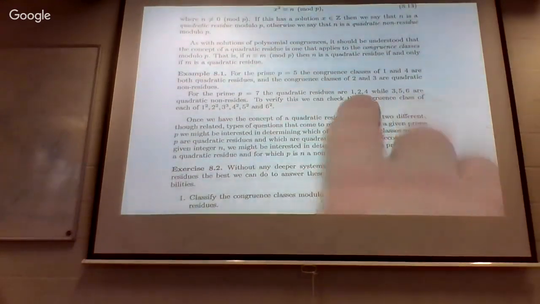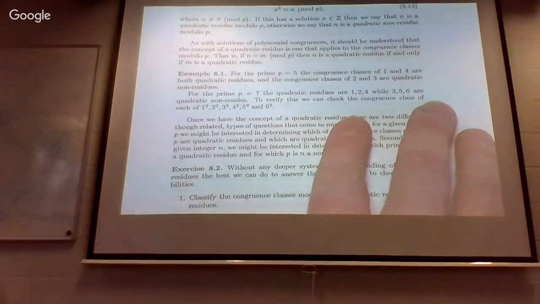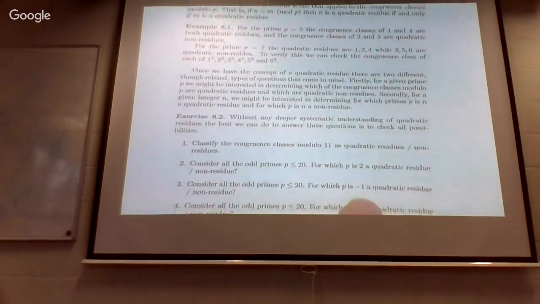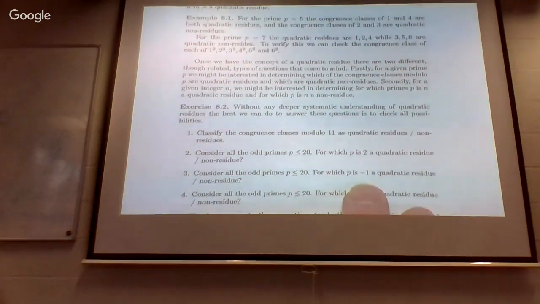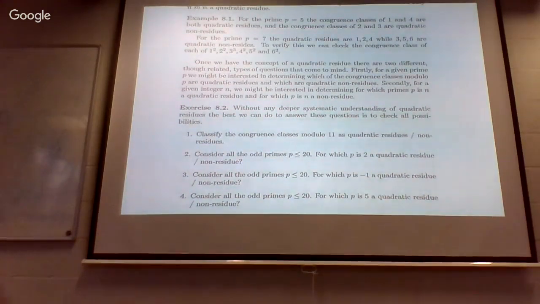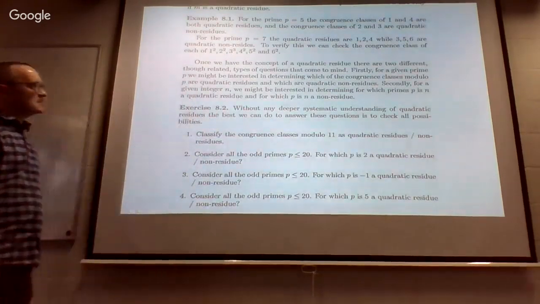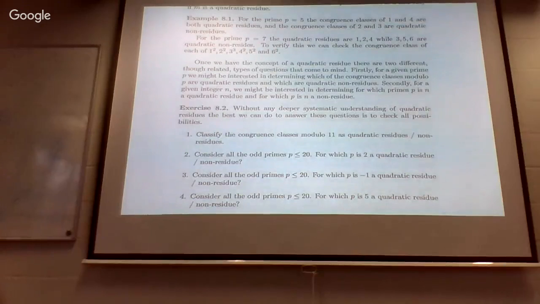Example 8.1, well, we've just been doing versions of example 8.1. So we're left with these questions, which I put some of them down there. Firstly, for a given prime, we might be interested in determining which of the congruence classes are quadratic residues, which are non-residues.